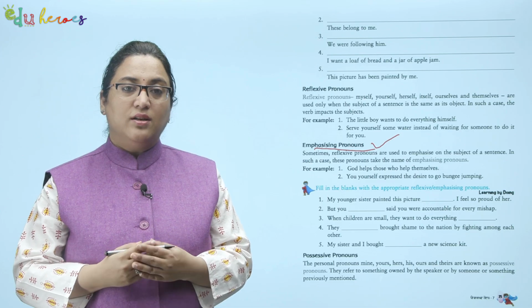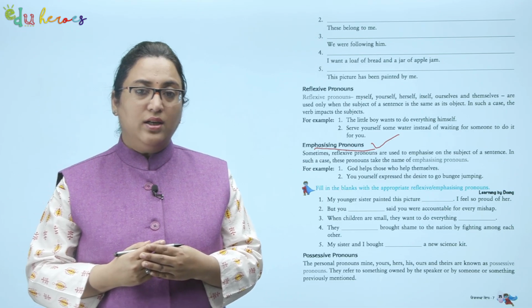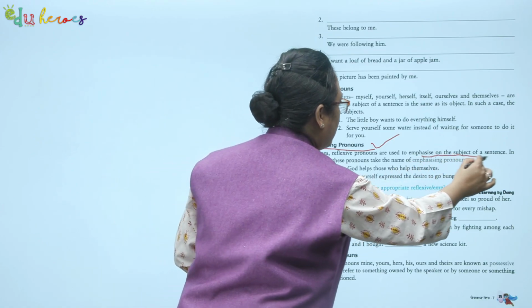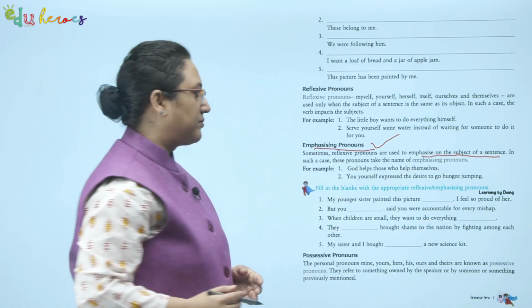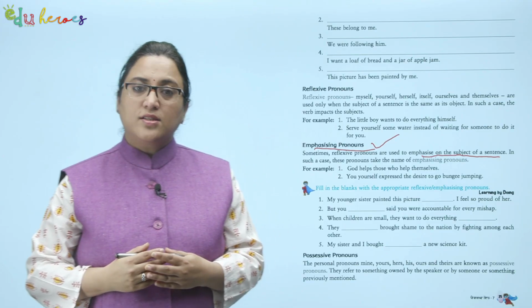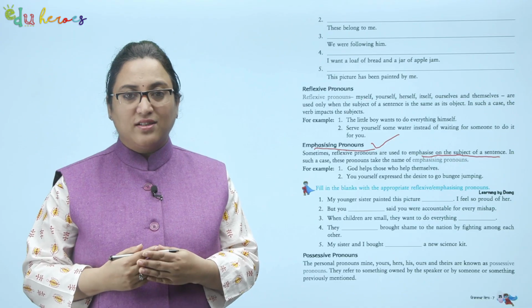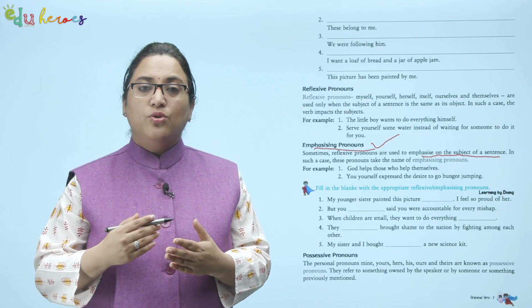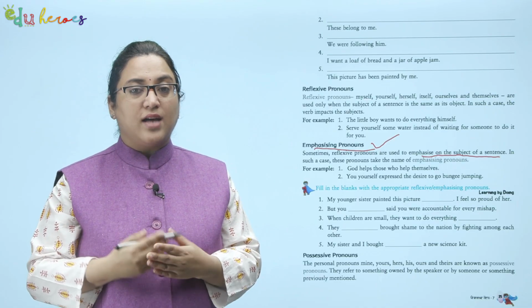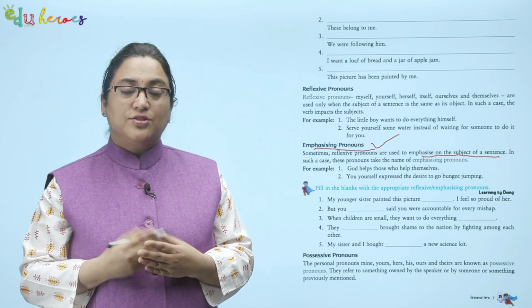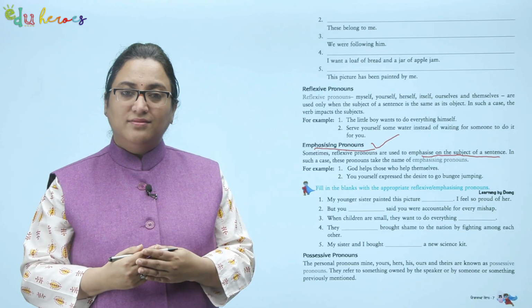So these are actually reflexive pronouns only, but the objective is that they emphasize the subject of a sentence. For instance, God helps those who help themselves, and you yourself express the desire to go bungee jumping. Try out the given exercise here.